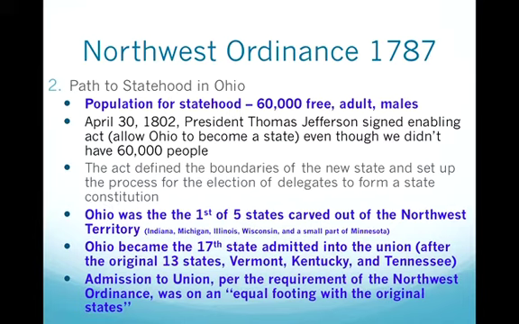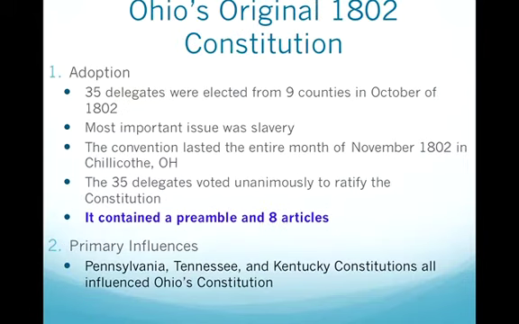Admission to the Union, per the requirement of the Northwest Ordinance, was on equal footing with the original states. Basically, what that meant is that Ohio would have the same amount of power according to the Constitution. It would be on equal footing with all the other states.